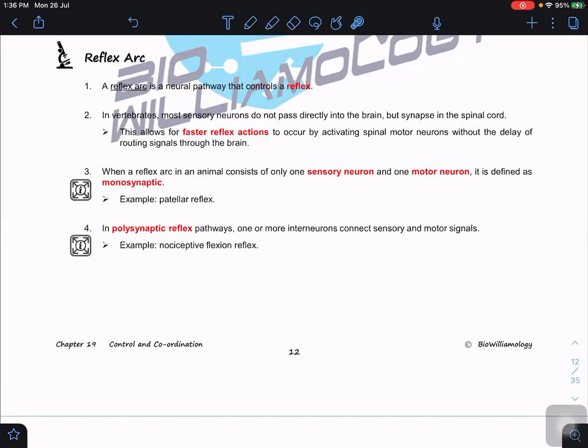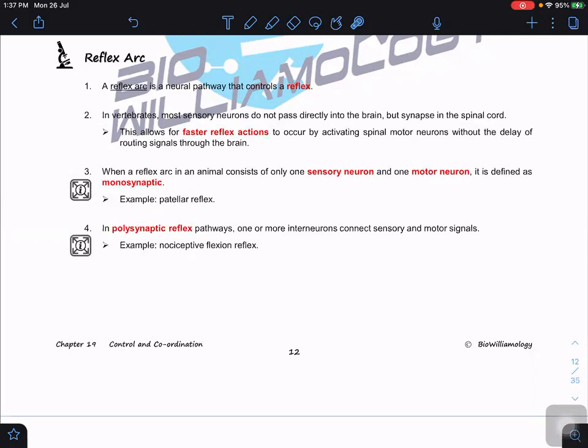The simplest reflex arc consists of two neurons, sensory neurons and motor neurons. When the sensory neuron directly synapses with the motor neuron, we define it as a monosynaptic reflex arc. An example is the patellar reflex, the kneecap reflex.